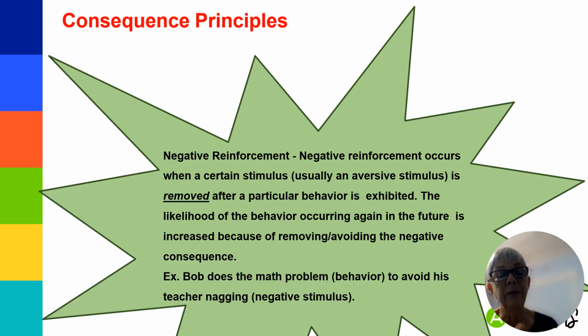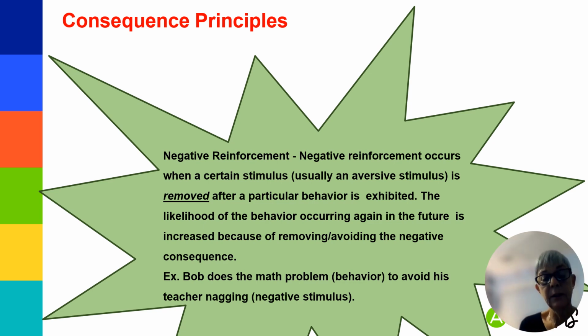And then when we think about negative reinforcement, it really is the opposite, right? It's a removal of usually an adverse stimulus after a behavior is exhibited. So, for example, Bob does the math problems, that's the behavior, to avoid his teacher nagging. That's the negative stimulus, right?